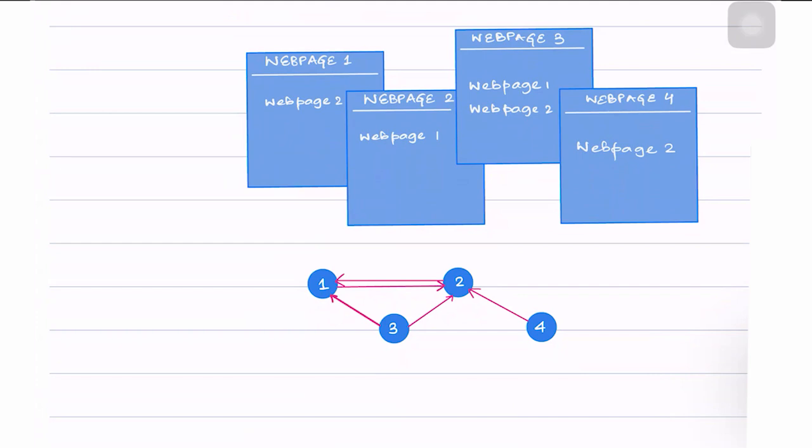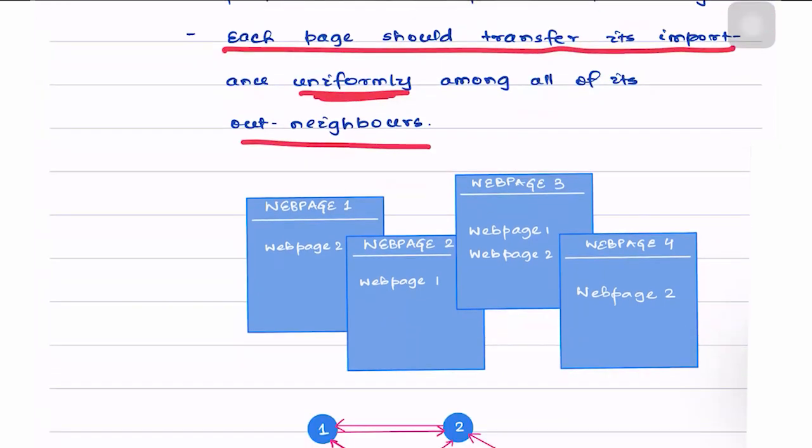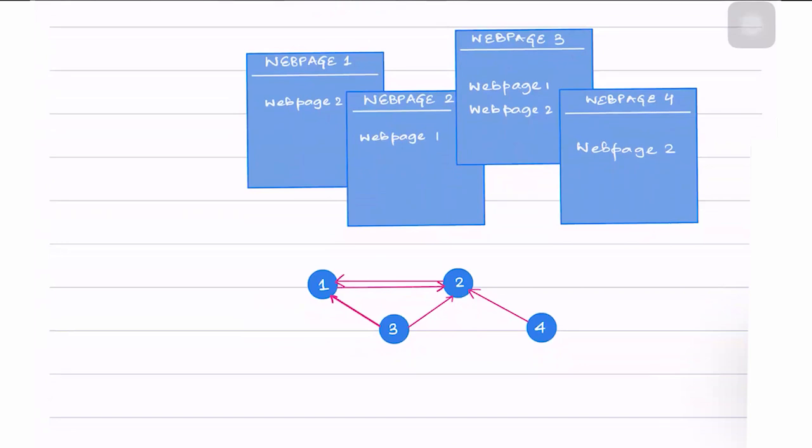So what we see here is that the third web page links to two different web pages, which is web page 1 and web page 2, meaning whatever importance it has, it assigns it equally to both of these web pages. In other words, the logic that we discussed here, that each page must transfer its importance uniformly among its out neighbors, could be executed in the following manner.